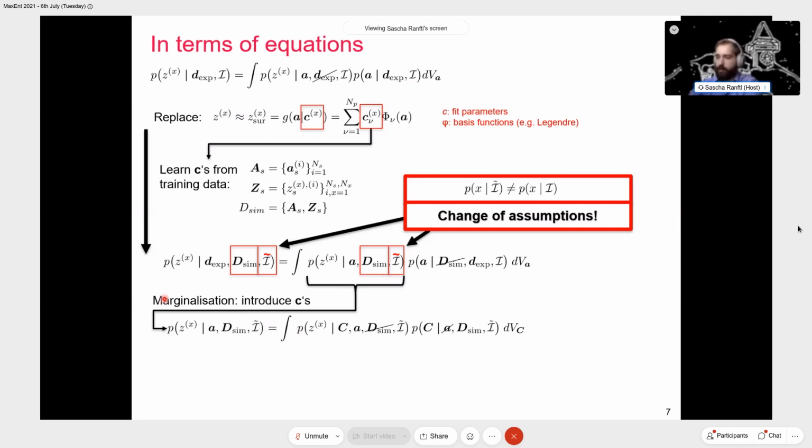Now we can plug this line into this term here, and what we find as a result is that our new probability density function for the sets is given by this lengthy and somewhat scary expression, where we marginalize not only with respect to our input parameters A, but also with respect to our regression parameters C. So this looks a bit scary now, but we will break it up into a few easy components.